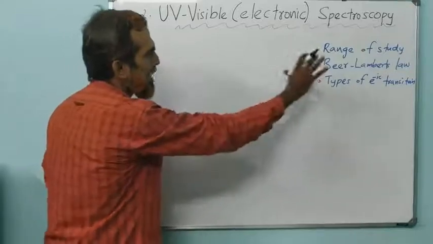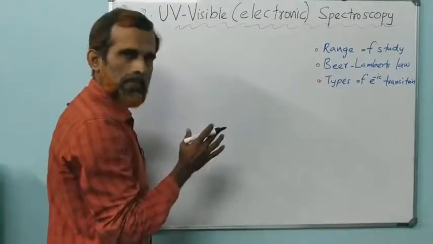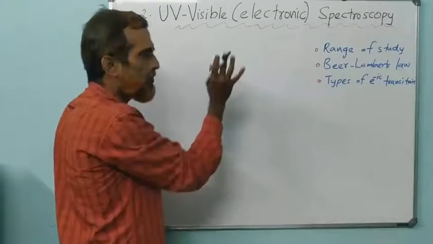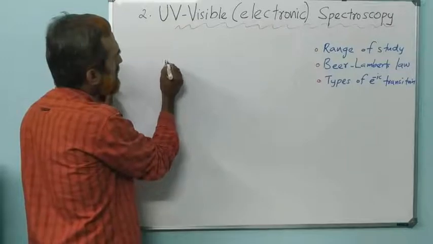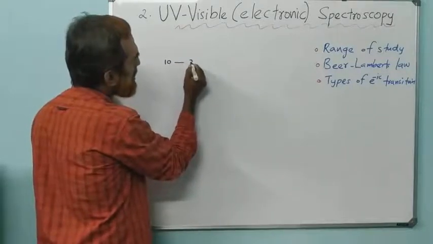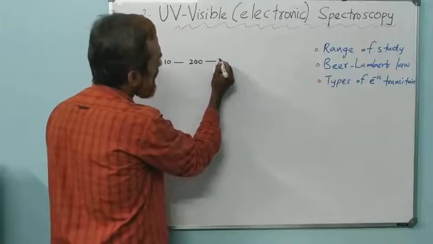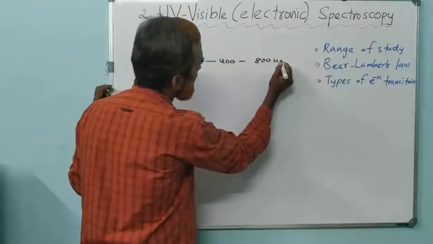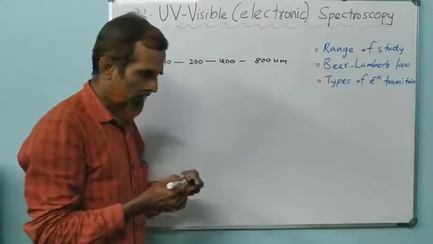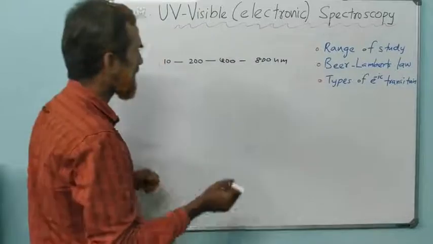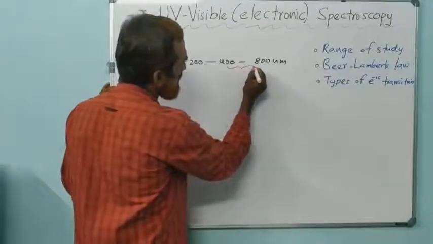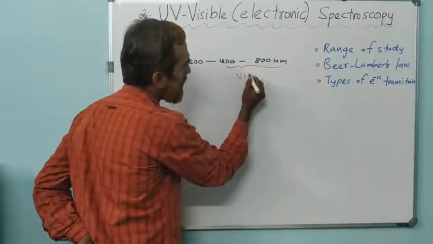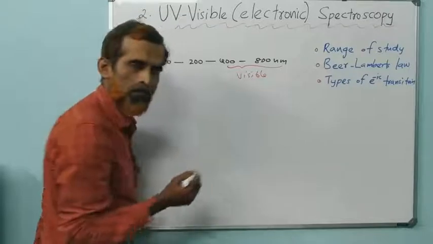See, in electromagnetic spectrum, if we check the wavelength of ultraviolet as well as visible radiation, it ranges from 10 nanometer to 200, then 400 up to roughly 800 nanometer. Let me divide these things. This 400 to 800 nanometer wavelength corresponds to which one? Visible region, right?